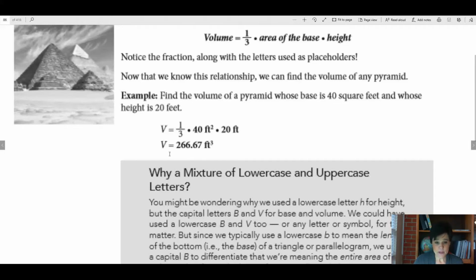Just fill in your numbers. So here you have volume is 1/3 times your base, 40 square feet, times 20 feet. So when you multiply 40 times 20 times 1/3, you get cubed feet because you have this 2 and this 1, which makes 3, which is right because when you do volume, you get cubic feet. And then you do all your multiplication. Now, I want to show you something.